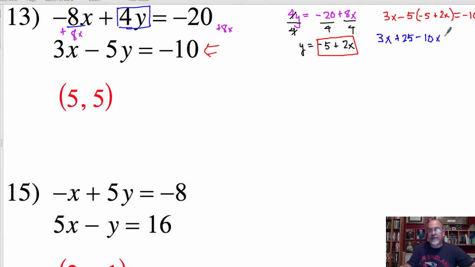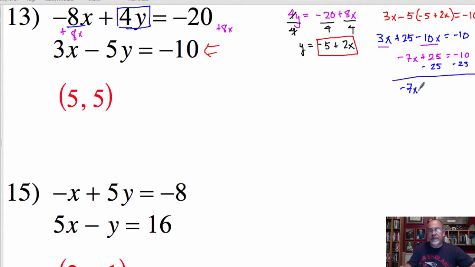Negative 10x is equal to negative 10. The next step is to find like terms, if there are any, on the one side and simplify. So that's going to be negative 7x plus 25 is equal to negative 10. Now I want to isolate that term that I'm solving for by adding the opposite of anything else that's on that side.